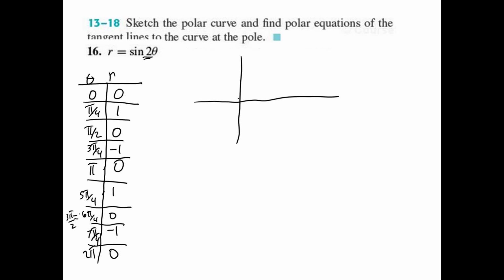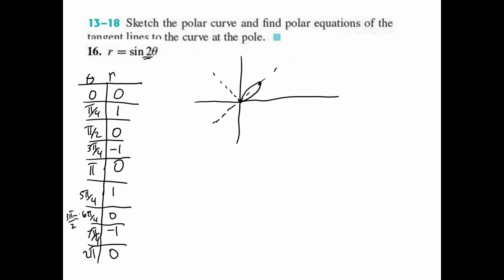So at 0, we're at 0, we're right here. And from 0 to pi over 4, which is 45 degrees, my r value goes from 0 to 1. And then from pi over 4 to pi over 2, we're positive, and we're still there. But now from pi over 2 to 3 pi over 4, all my r values will be negative.